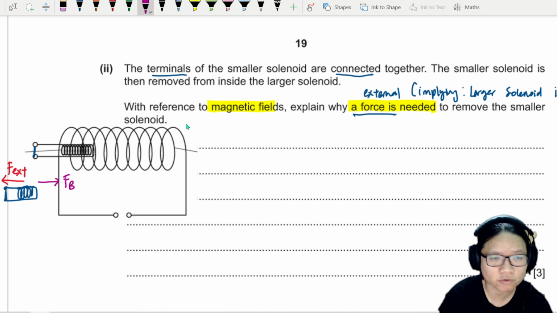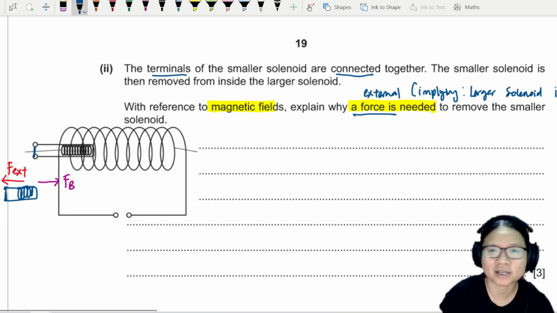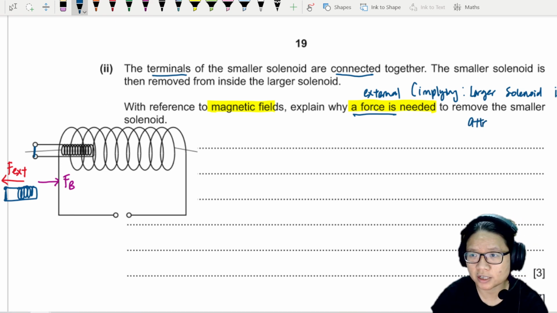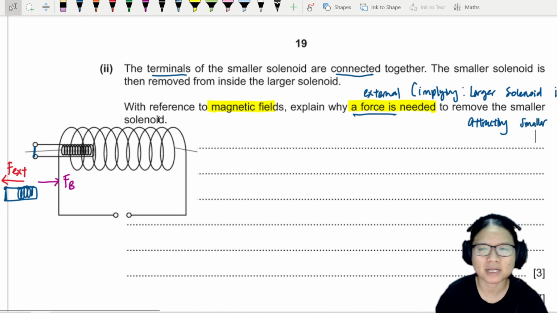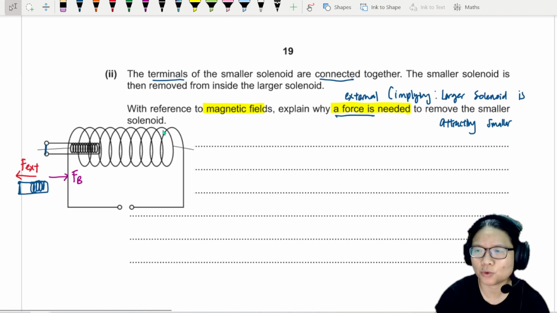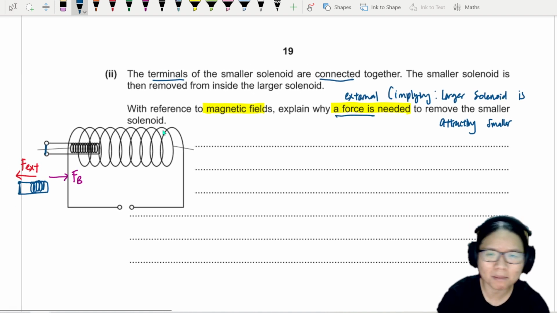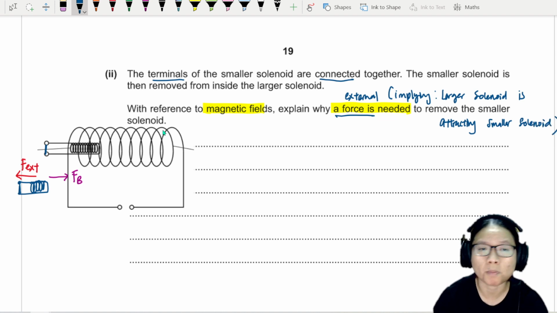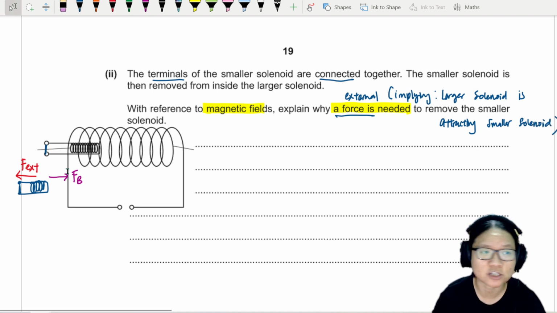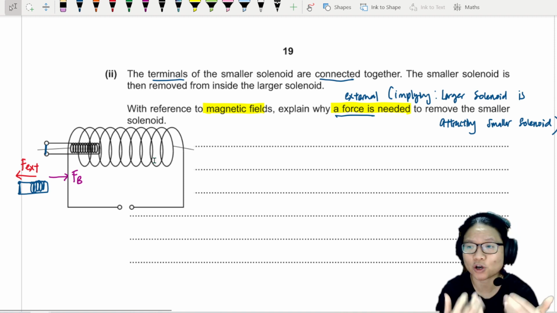This is the magnetic force. So the larger solenoid is attracting the smaller solenoid. I'm going away, says the smaller solenoid. No, come back, says the larger solenoid. Because we want to oppose the change, and the change here is the smaller solenoid running away, the larger solenoid will try to pull it back.